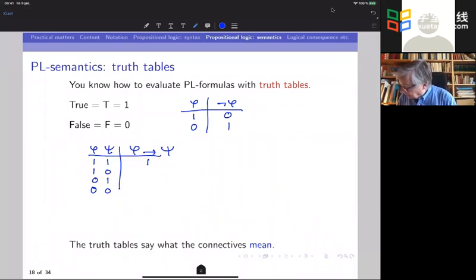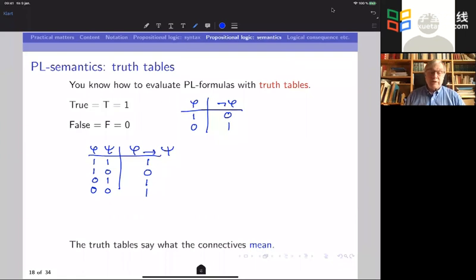And as you hopefully remember, this is the truth value of the implication. It's only false when the antecedent phi is true and the consequent psi is false. Under all other circumstances, it's true.